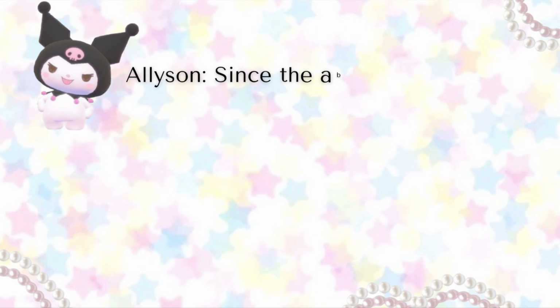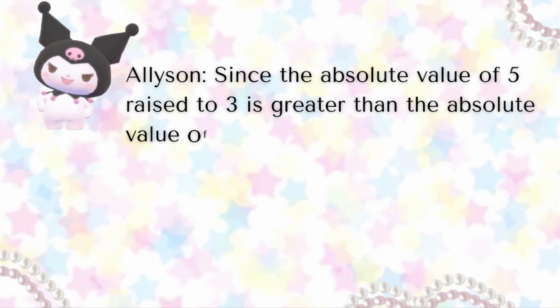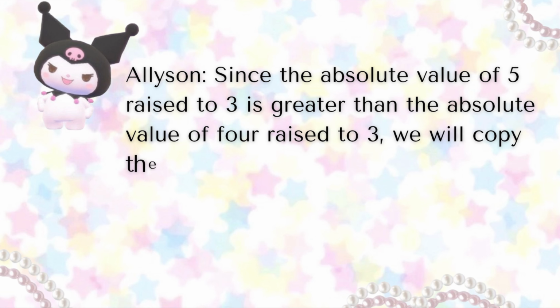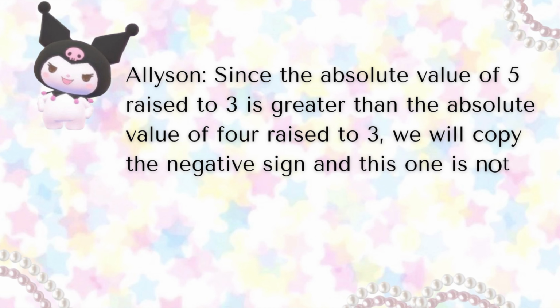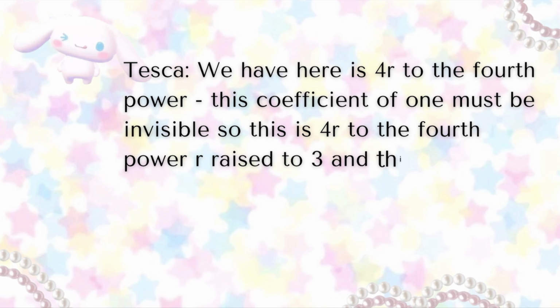The absolute value of −5r³ is greater than the absolute value of 4r³. We will copy the negative sign, and this one is not final yet. We have here 4r⁴ negative. This coefficient of 1 must be invisible, so this is 4r⁴ − r³, and this is now the answer.